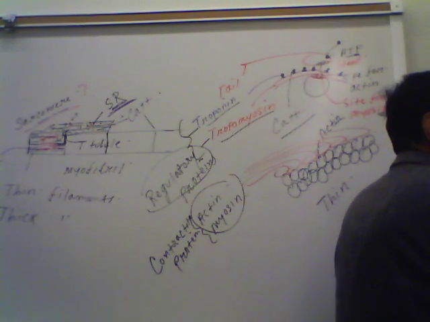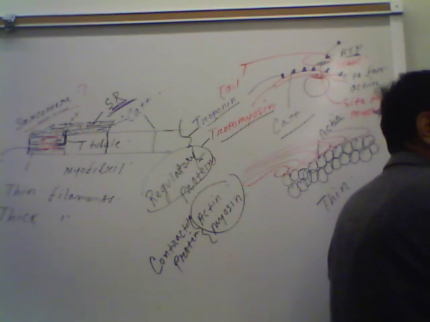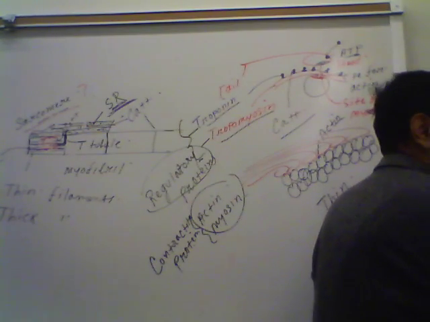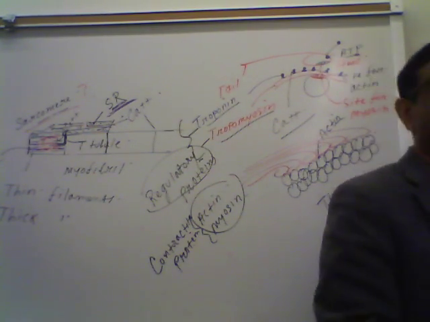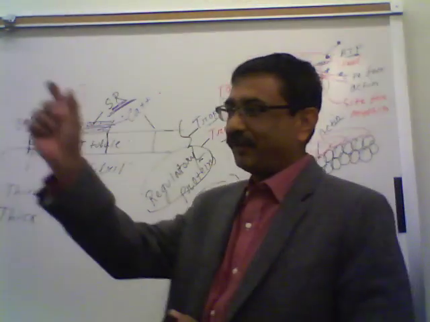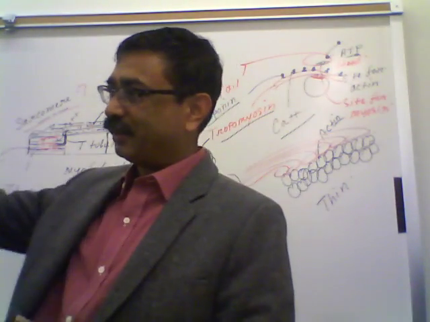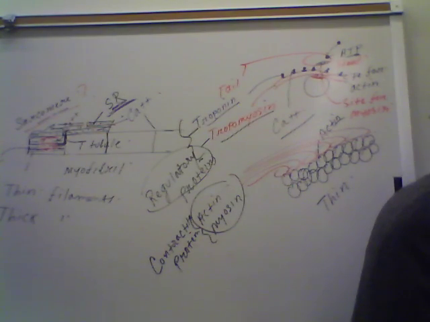Now, when the sarcomere contracts, this whole area has both thick and thin filaments, so that part is gone. The middle part is called the H band. Yes, the bands have different names. Here you have only thin filament, that is one band.